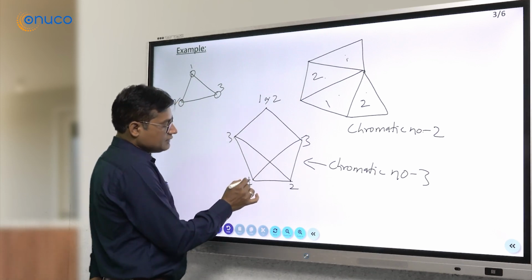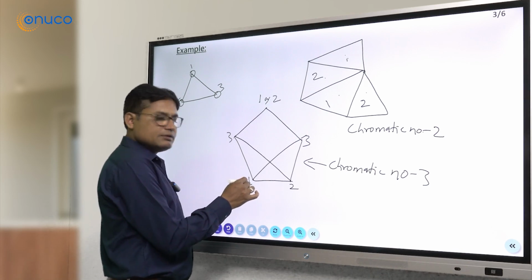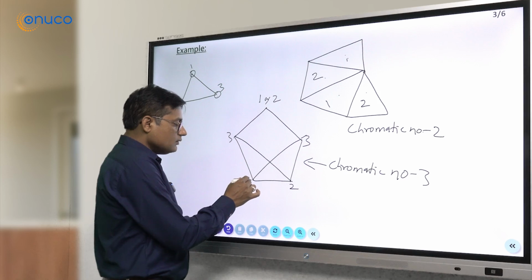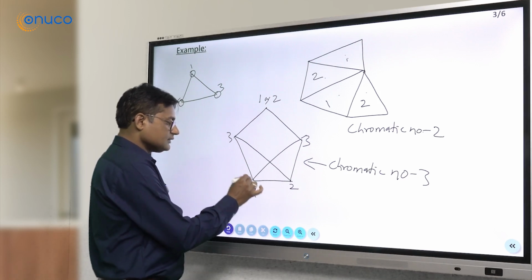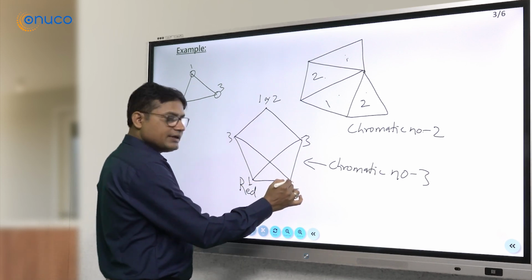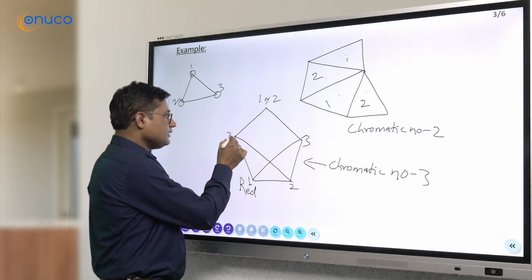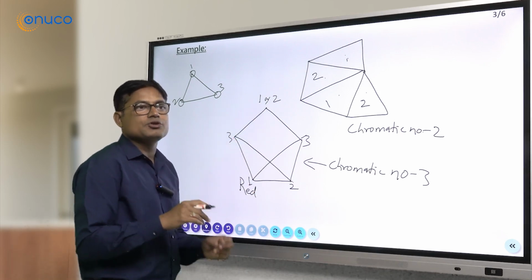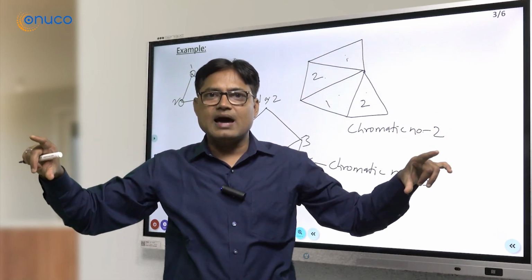As I said, we started from here. Here we started with the beginning, the first color. Now say we have already done with red color. Now here we cannot use the red because it is an adjacent vertex. It is an adjacent vertex of that particular region. Remember that when we are talking about the vertex, you take a real graph map.